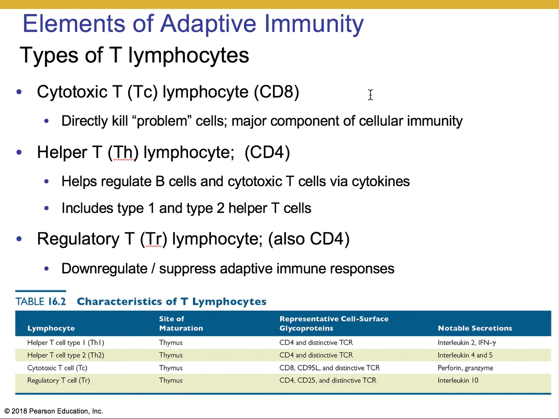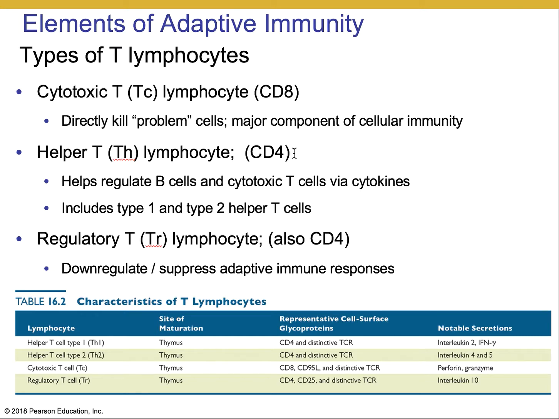But the ones that are directly involved in killing what I call problem cells would be the cytotoxic T lymphocytes. So we're going to abbreviate those TC. Sometimes these are referred to as CD8 cells because they contain a CD8 cell surface glycoprotein. And these stabilize interactions of the T cell receptors. And I have some slides in a second to illustrate how that works.